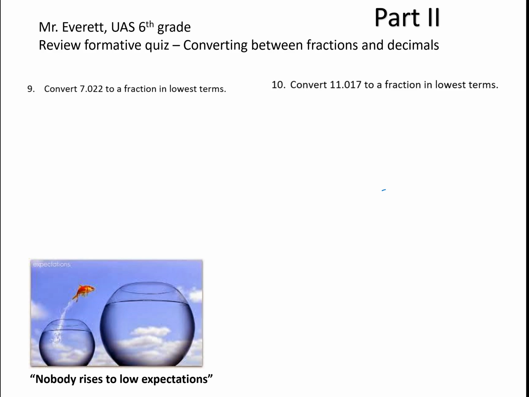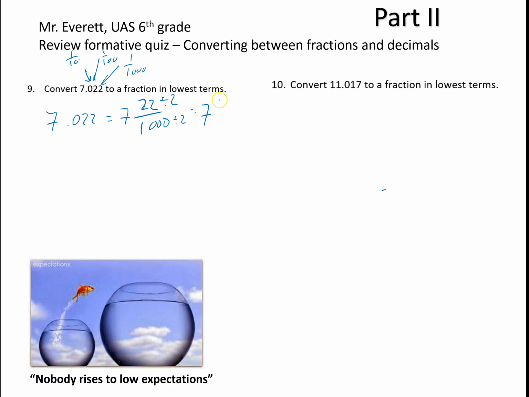The last two, again, this is the zeros in the tenths place. This first two is in the hundredths place. This is in the thousandths place. So it's 7 and 22 thousandths. They're both even, so I know I can divide by 2.